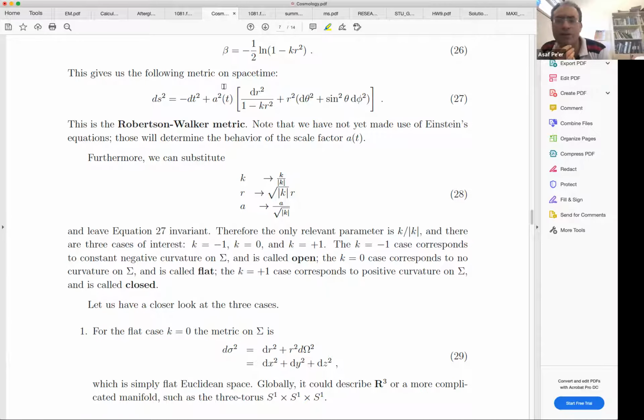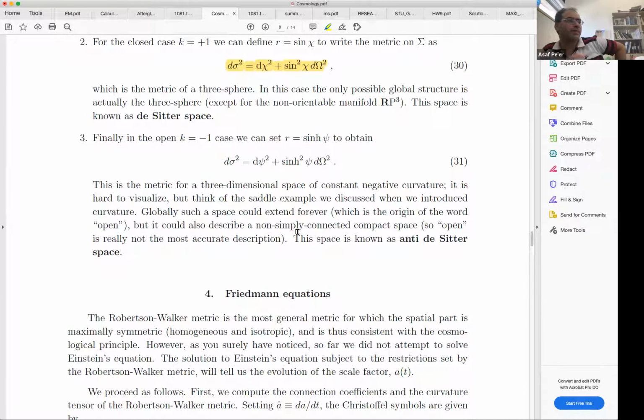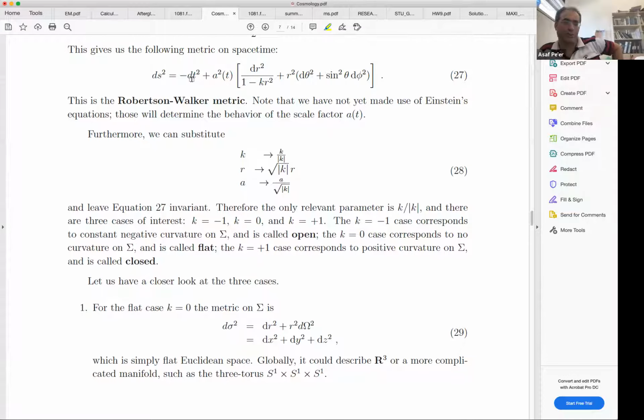We just know it's a function of time which multiplies the spatial part of the universe, right? But what function of time is it? In order to find this function, we actually have to put this metric inside Einstein's field equation and solve Einstein's equation.